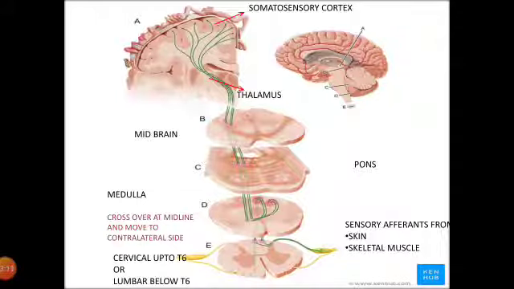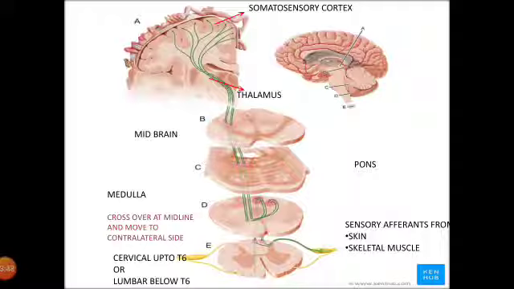They ascend upwards into the brainstem. From below to upwards we have medulla, pons and midbrain. On reaching the medulla of the ipsilateral side, just behind the pyramid, they synapse with the second order neurons at the nucleus gracilis and nucleus cuneatus, and these second order neurons travel to the center of the medulla, cross over and pass to the contralateral side of the brain.